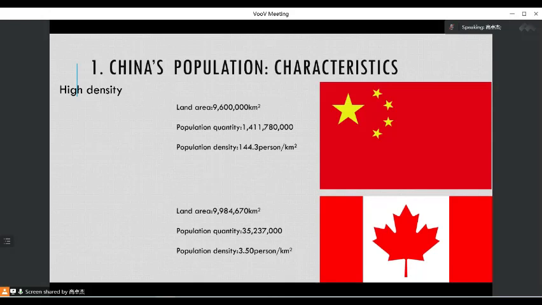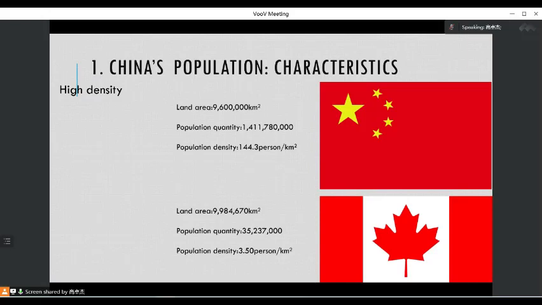The land area of the two countries is almost the same, but the population is much different. China's population is about 1.4 billion. Canada is about 35 million.